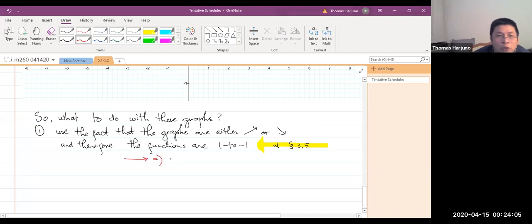First, we will use this to solve equations. Second, we are anticipating the inverse function, the inverse of exponential functions.